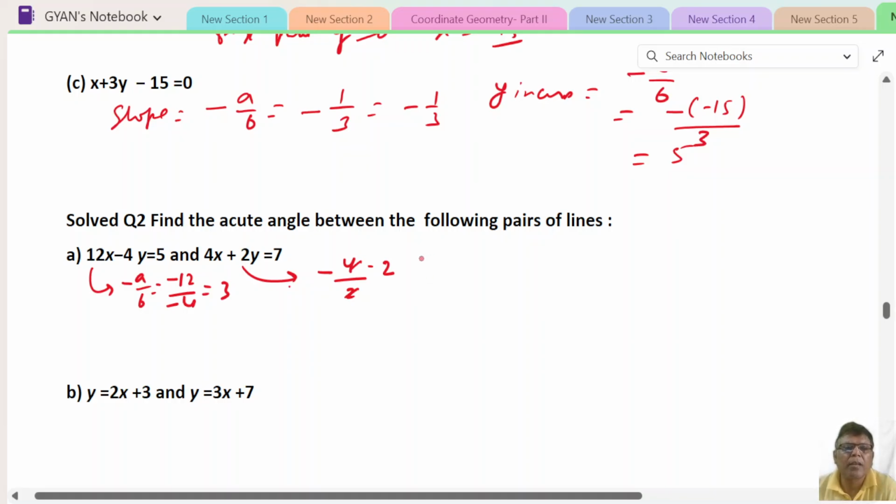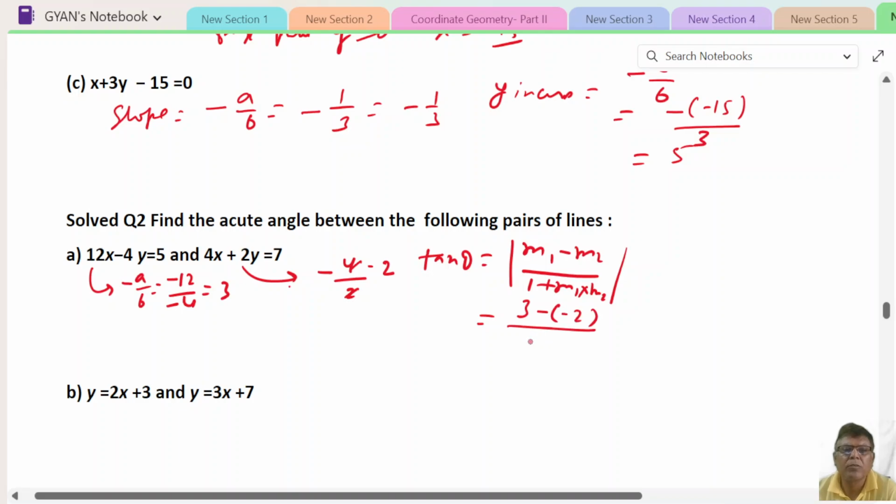So the angle between them: tan theta is equal to, we know the formula, mod of m1 minus m2 divided by 1 plus m1 into m2. Suppose this one is m1, so 3 minus of minus 2 divided by 1 plus 3 into minus 2.